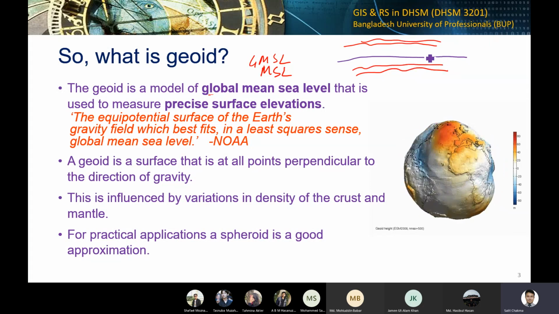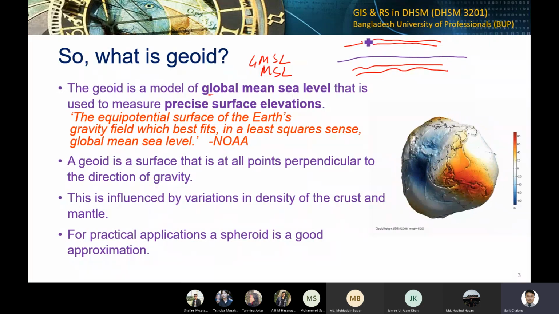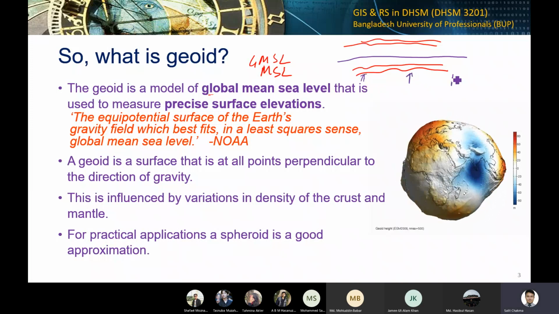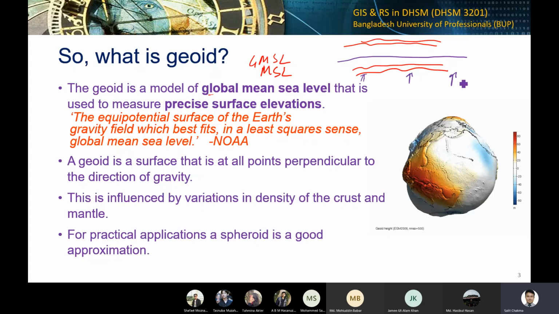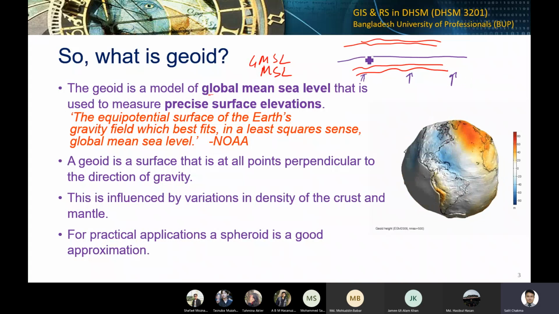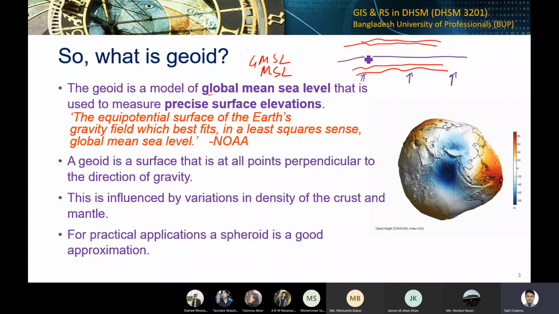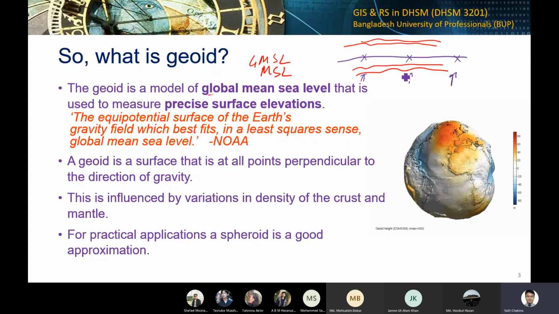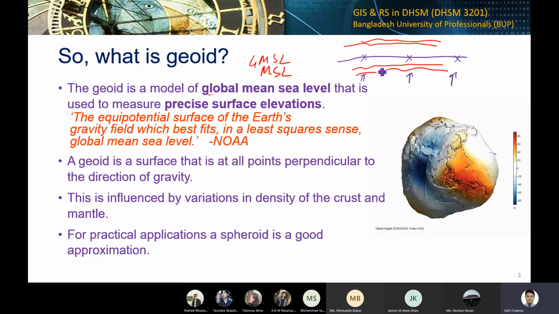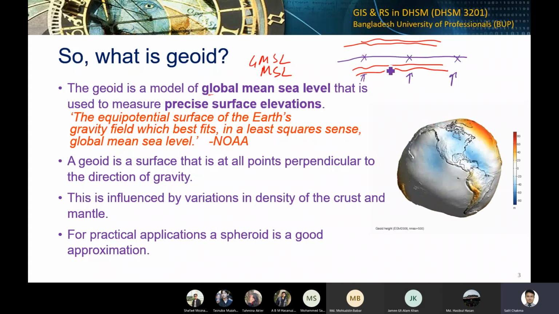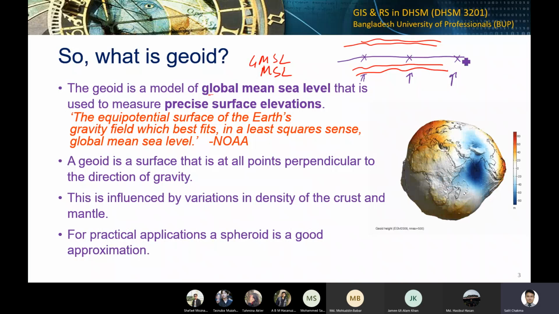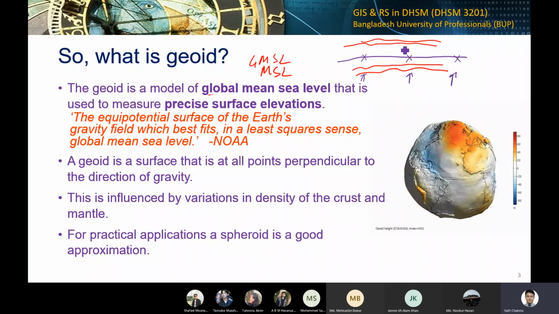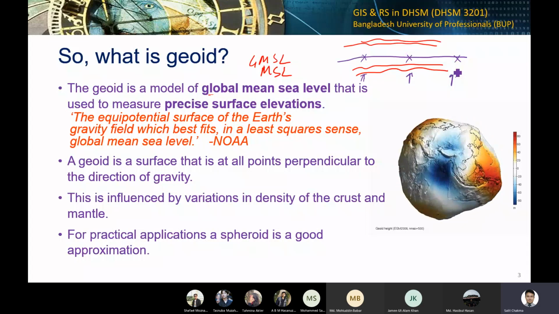Since this is the mean value of multiple calculations, for example, if we have three different locations, and we have the mean value located at this point, and this point, and the other point, we can simply connect these dots and have a line which contains the mean value of all the variations of the sea levels.